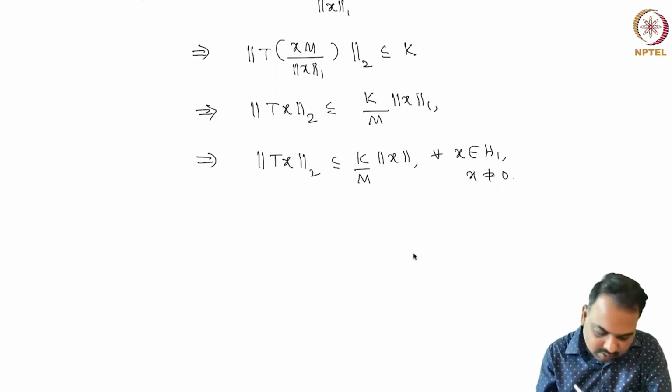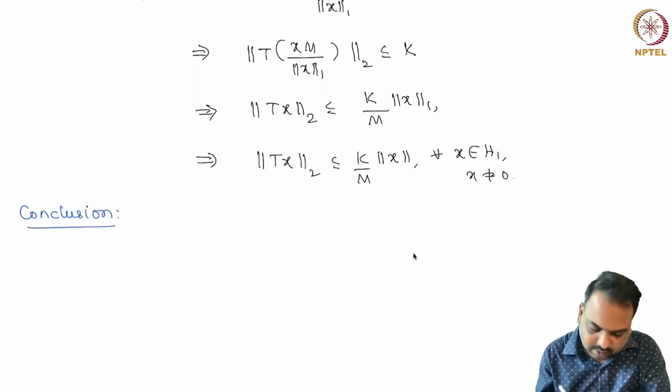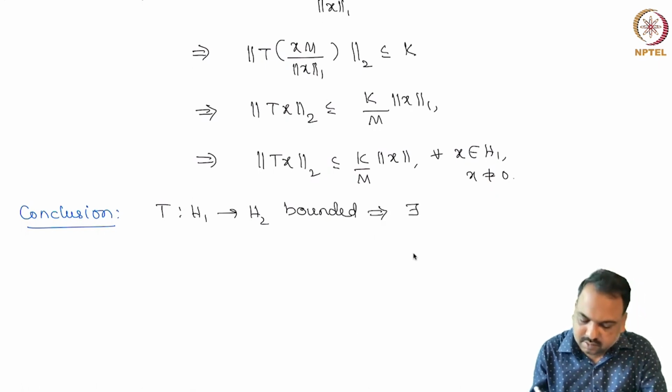So the conclusion is the following. T is bounded implies that there exists some constant.